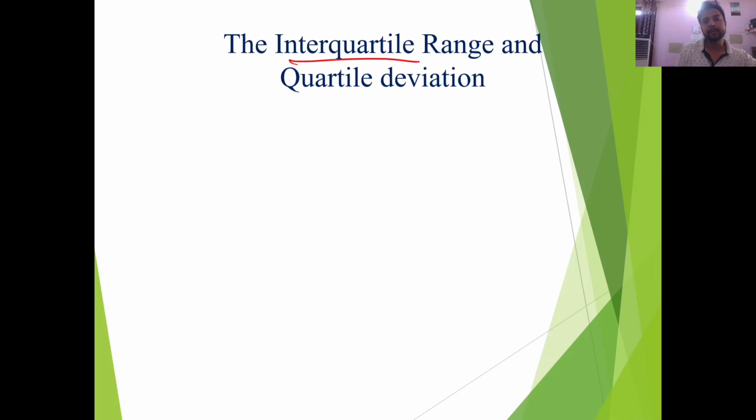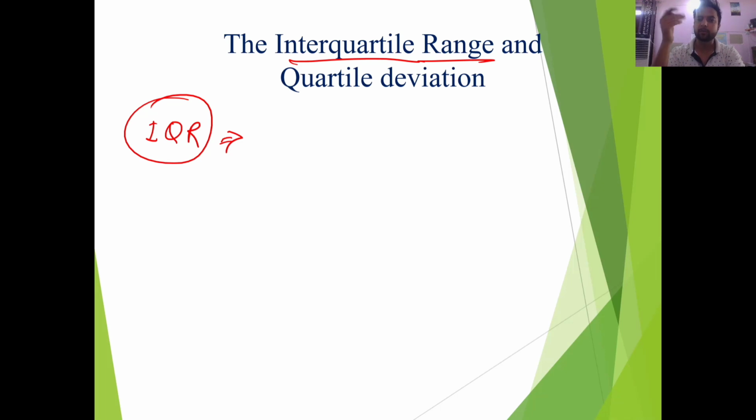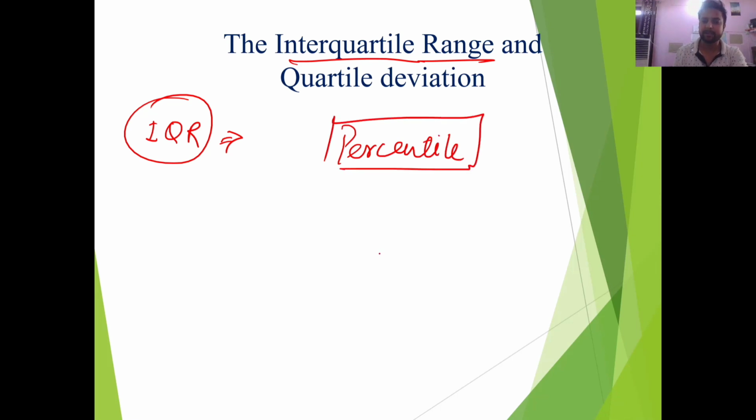Now interquartile range, which we can write as IQR. Before understanding IQR, you should first know what a quartile is. Those of you who don't have a mathematics background might not know about quartile, but you must have heard of something called percentile. So what is percentile?